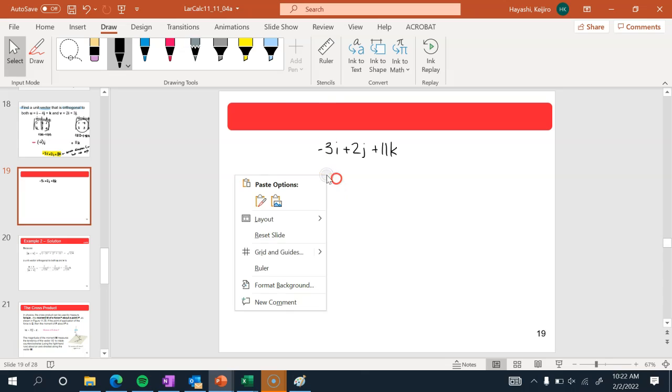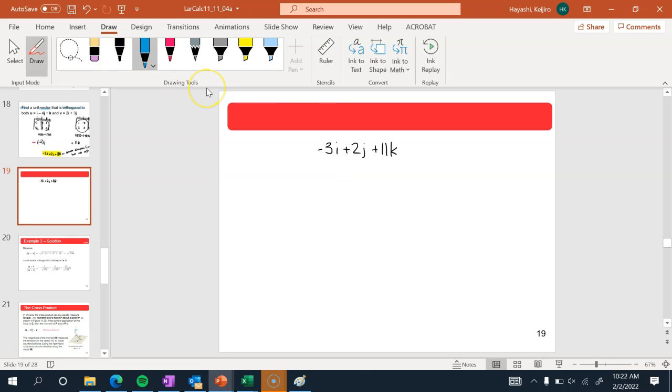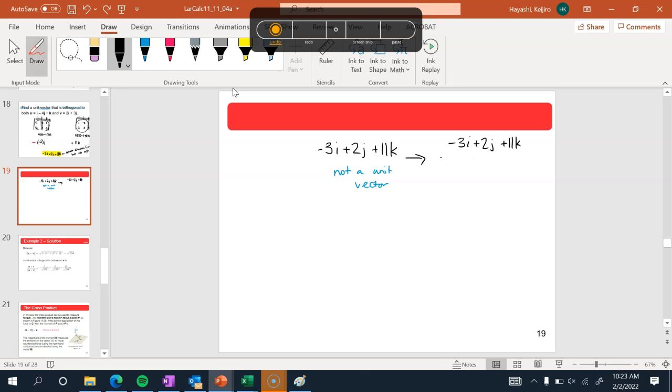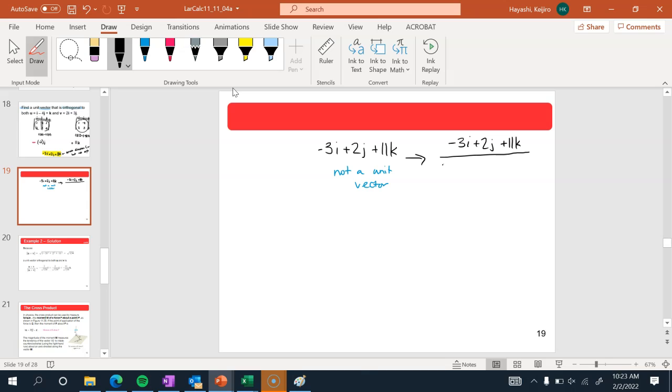So this is not a unit vector. But if we take this, and you can write it in the vector form as well, with the little brackets. It doesn't actually matter.